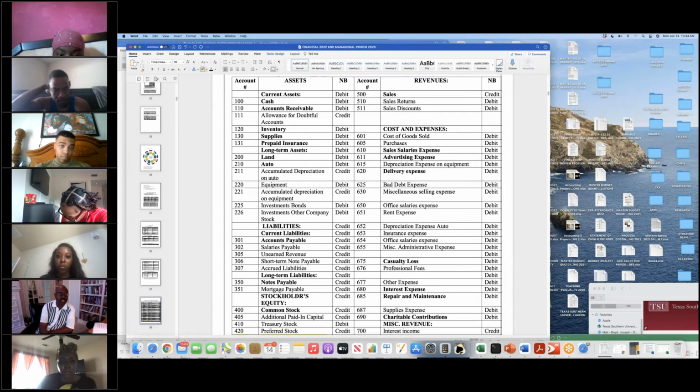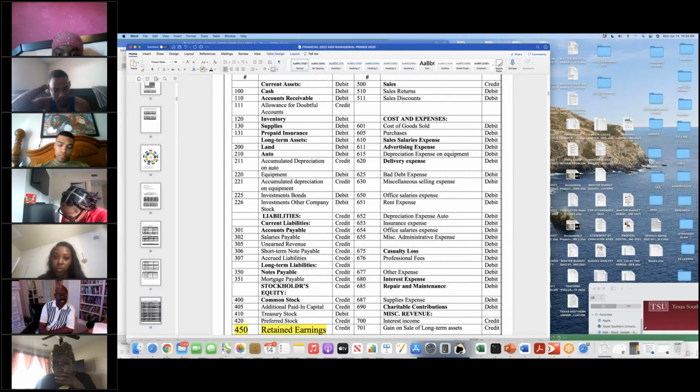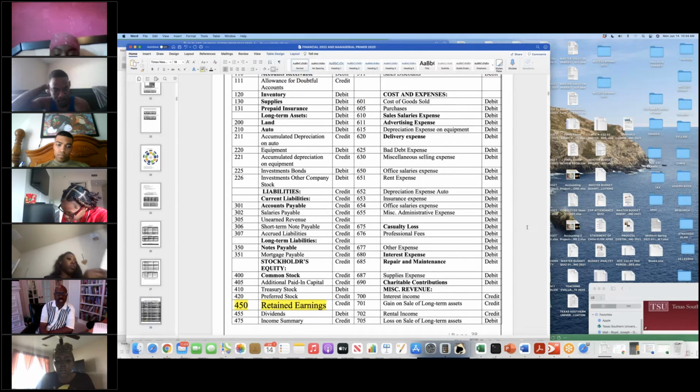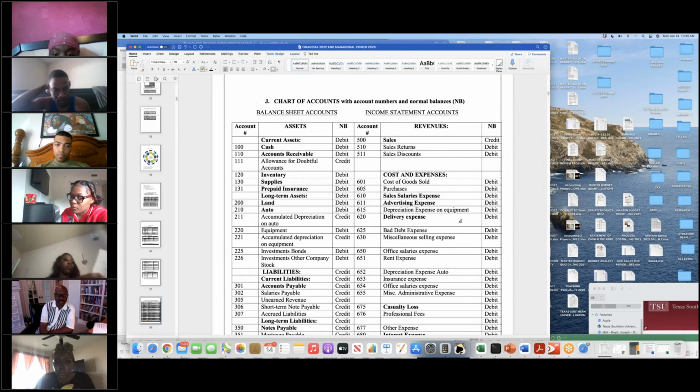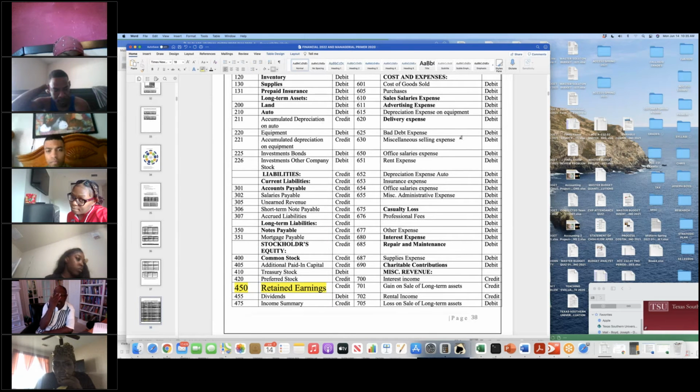So all the accounts from cash to retained earnings are permanent. That means they carry over. From dividends, income summary, all of the revenue and expense accounts, they're temporary. They're actually temporary retained earnings accounts. We could have just debited and credited the retained earnings, but it'd be very difficult to get our financial statements prepared.